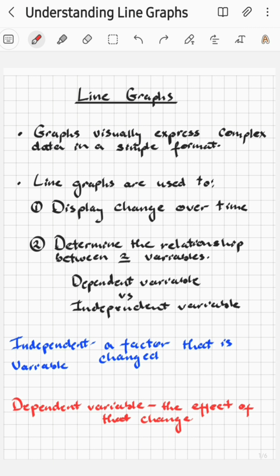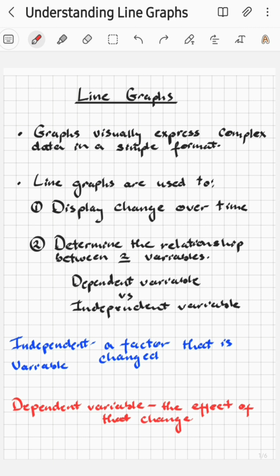So what is that something that we are changing? Okay, that is our independent variable. And if we want to study the impact of that change, then we would look at our dependent variable. So the line graph clearly shows the relationship between two variables, something that is changed and the impact of that change.